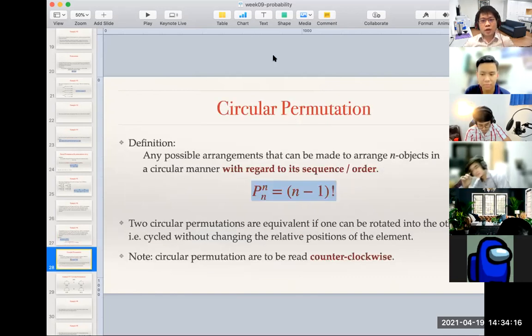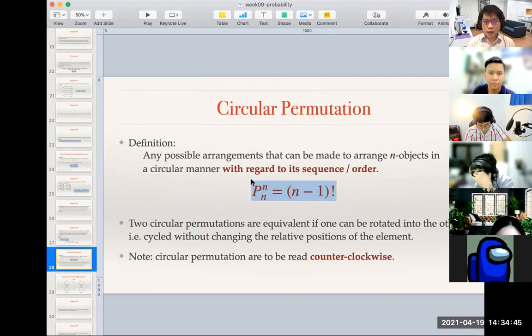Another type of permutation is circular permutation. Circular permutation means any possible arrangement of objects in a circular manner. Since we are still talking about permutations, we need to consider the sequence, the order of your arrangement.